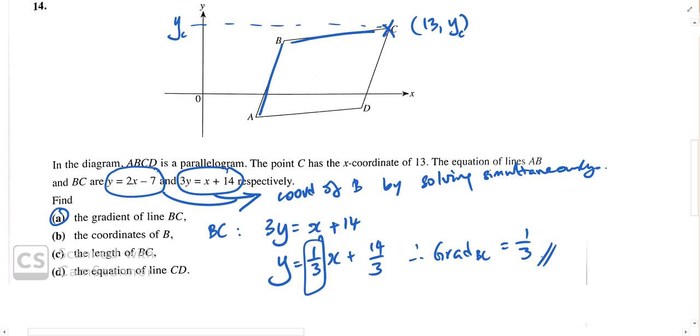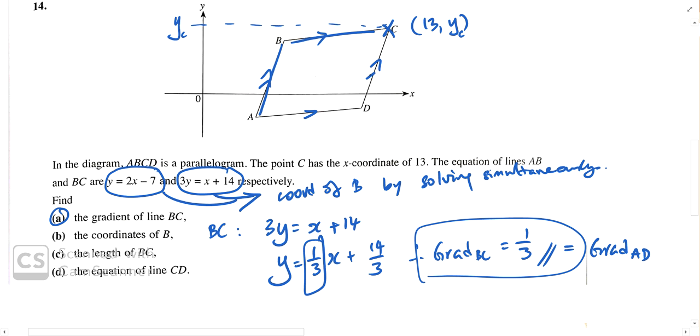Since BC's gradient is 1/3, then this must also be the gradient of AD, since it is a parallelogram. So this one, gradient equals 1 over 3.